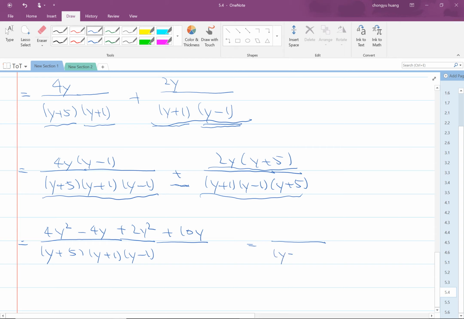So you write down the denominator, and on the top side we have a 5y squared and a 2y squared, so it becomes 7y squared, right? And then here we have a negative 4y plus 10y, which is plus 6y.